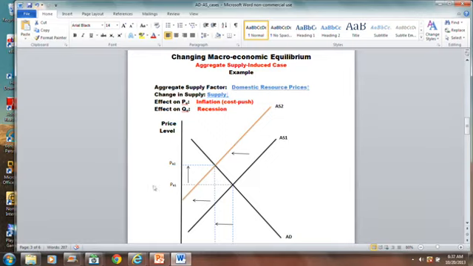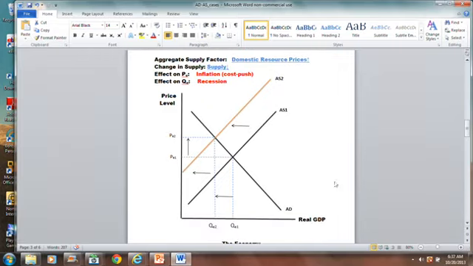As it shifts to the left, our equilibrium point goes from P sub E1 to P sub E2. So the price level will go up, which is a sign of inflation, and the level of real GDP will drop from Q sub E1 to Q sub E2. So you have a combination of inflation coupled with recession when the aggregate supply curve shifts to the left.